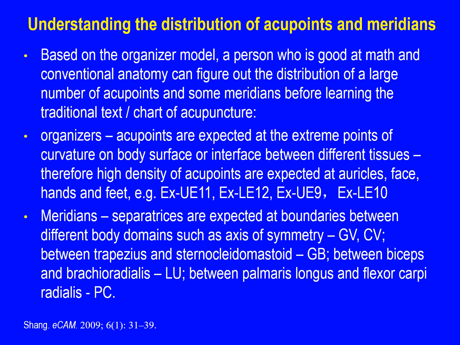Also, part of the gallbladder meridian is between the trapezius and sternocleidomastoid muscles. Part of the lung meridian is between the biceps and the brachioradialis muscles. Part of the pericardium meridian is between the palmaris longus and the flexor carpi radialis muscle.